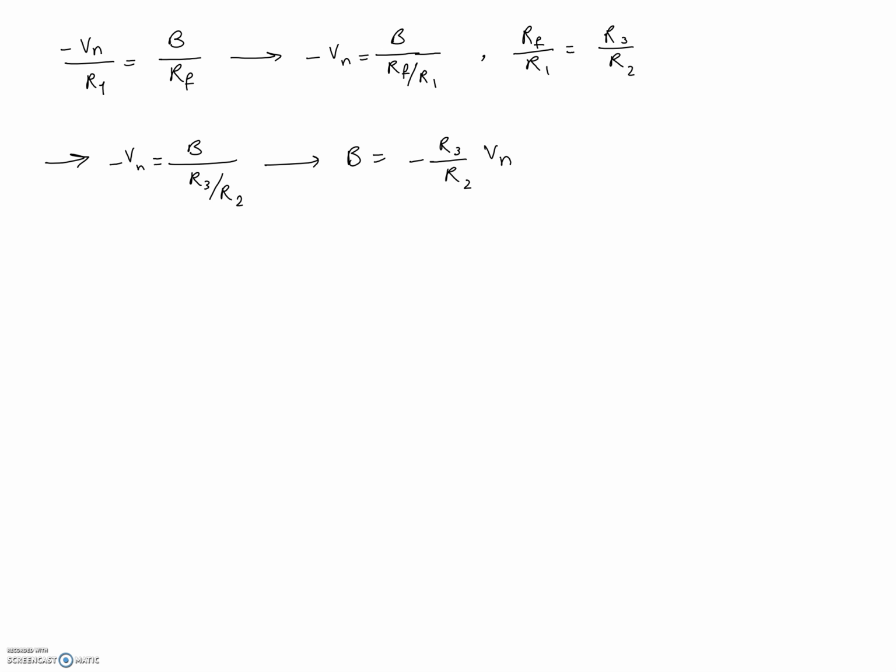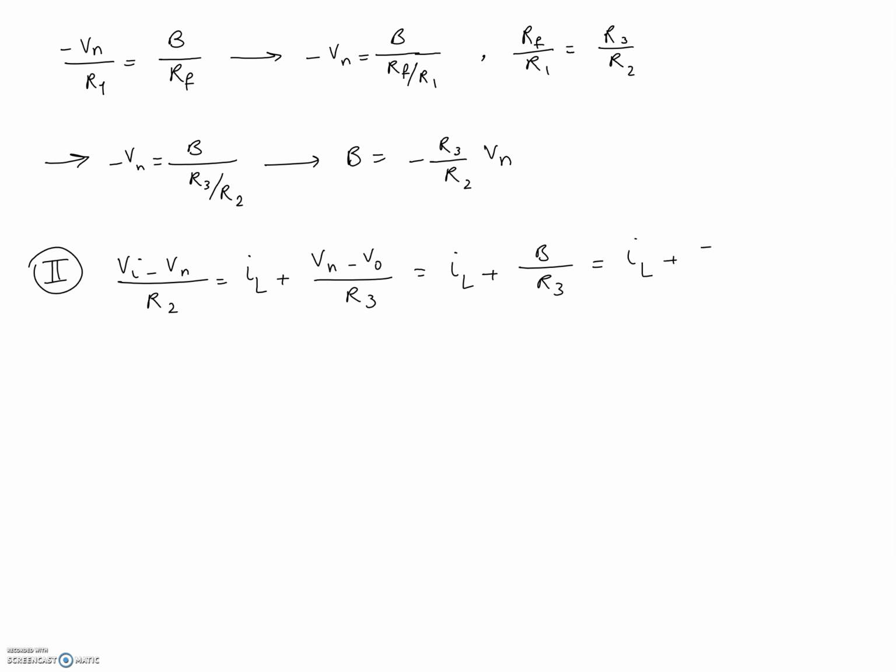Okay, so from equation 2, I have Vi minus Vn divided by R2 equals IL plus Vn minus Vout divided by R3. I'm going to write it as IL plus B divided by R3, and that's equal to IL plus negative Vn divided by R2.